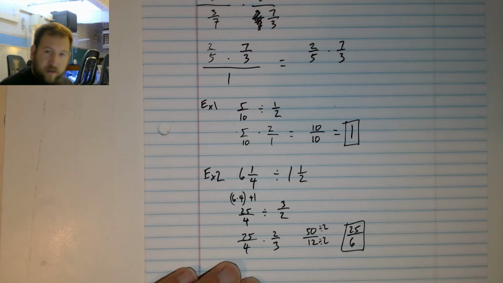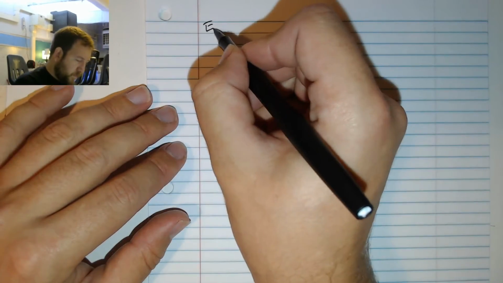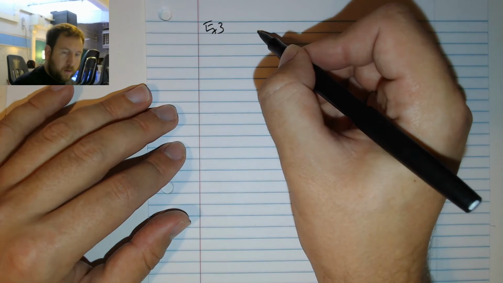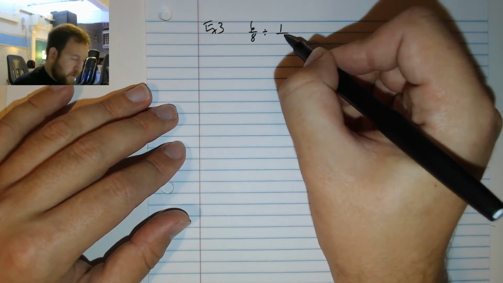Okay? If you feel like you get it, go ahead and go on. I'm going to do 2 more examples. You can always look in the book if you would like to see some more. All right, we're going to do 6/8 divided by 1/4.